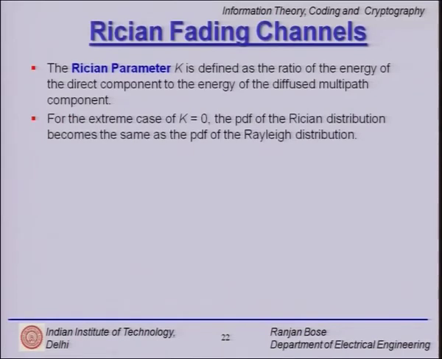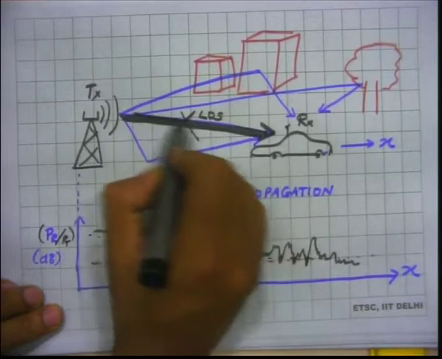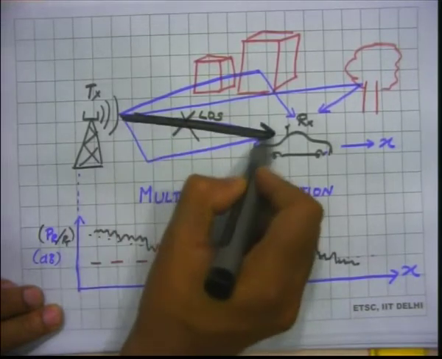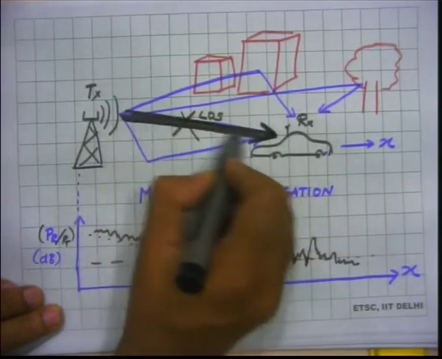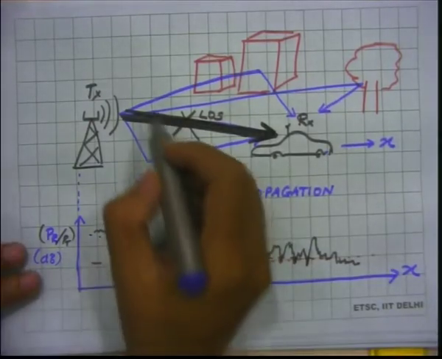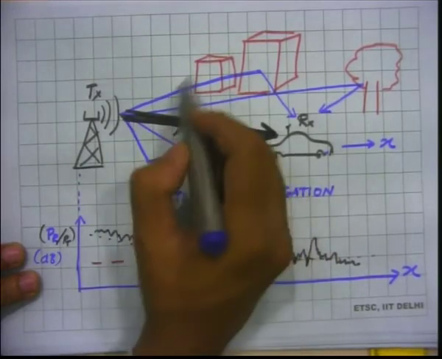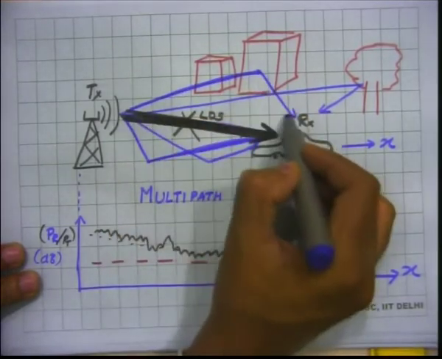If you go back to the diagram we drew and talk about the direct path, there is a certain amount of energy that is coming through the direct path, the line of sight, and then there are so many other reflected paths which are carrying this energy to the receiver.